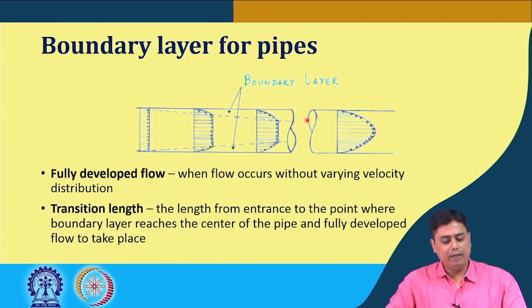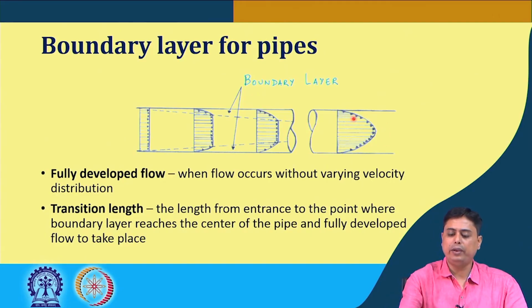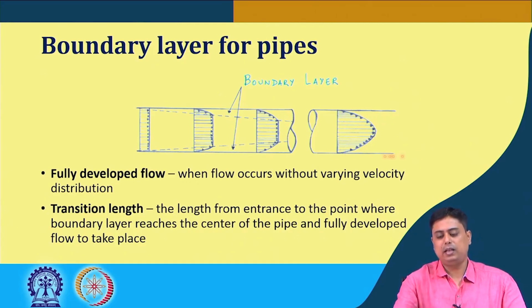So, when the flow occurs without a varying velocity distribution, we typically call such a scenario fully developed flow, that is here. Now, this profile is then maintained, if we consider this as the positive x direction.